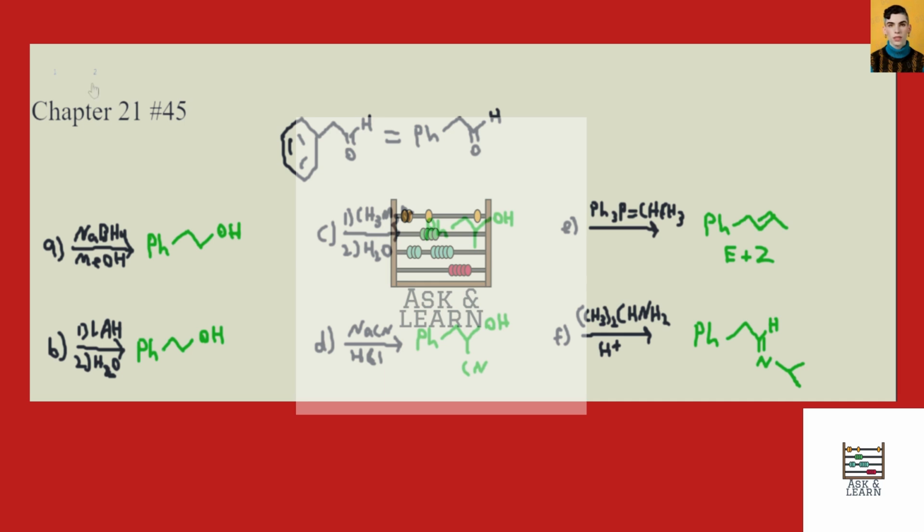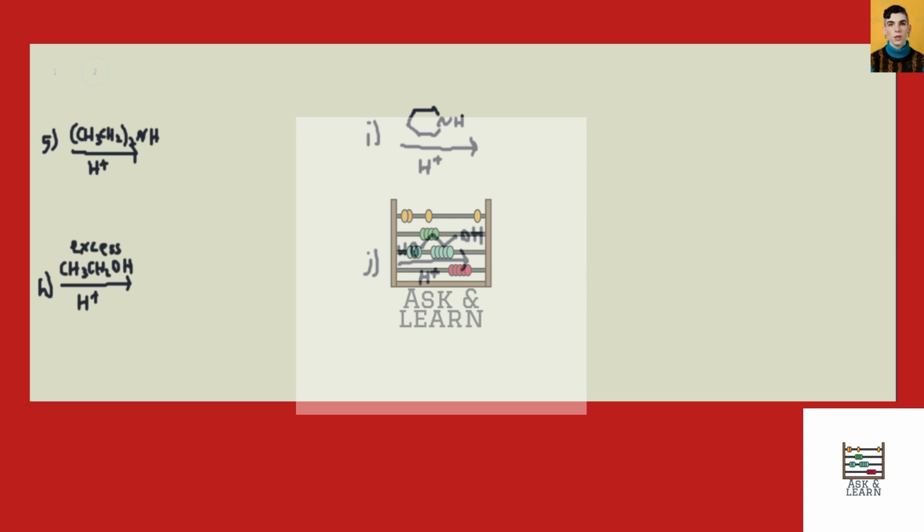Moving on to the next page. For G, we're using a secondary amine. So our product is going to be an enamine rather than an imine. I always forget when I change pages, I have to reselect my color. So there we go. Our product for G, as I said, is going to be an enamine, and that is going to look like this.